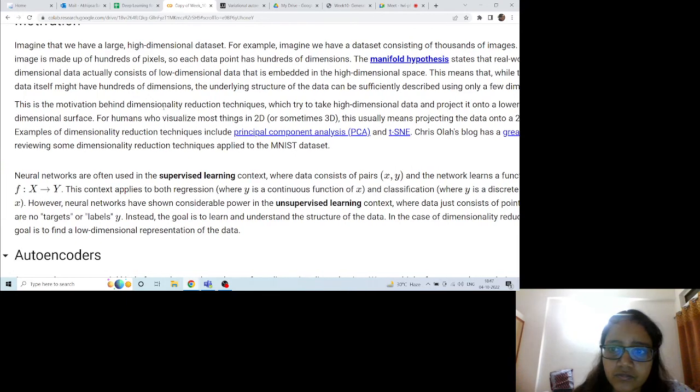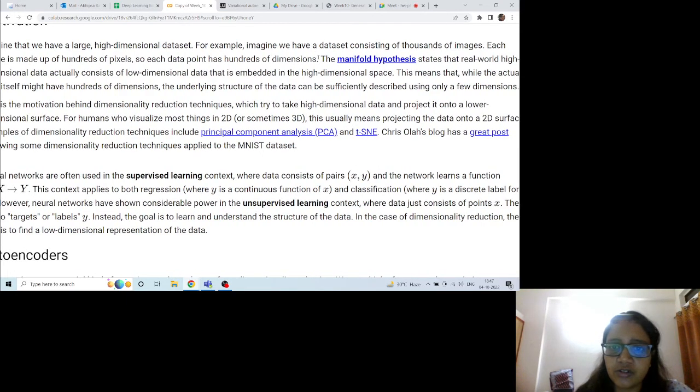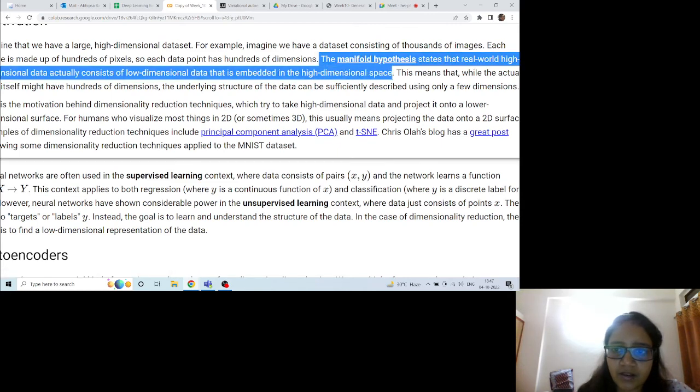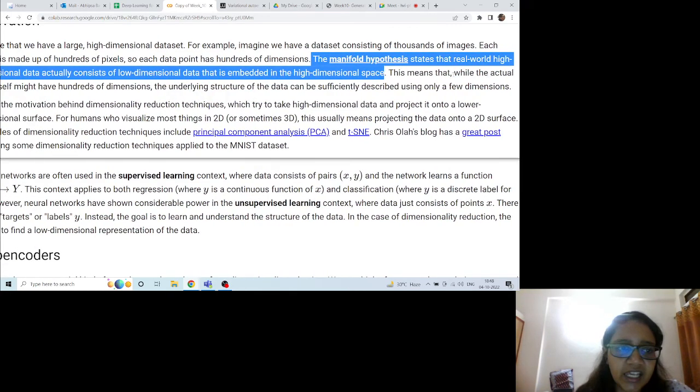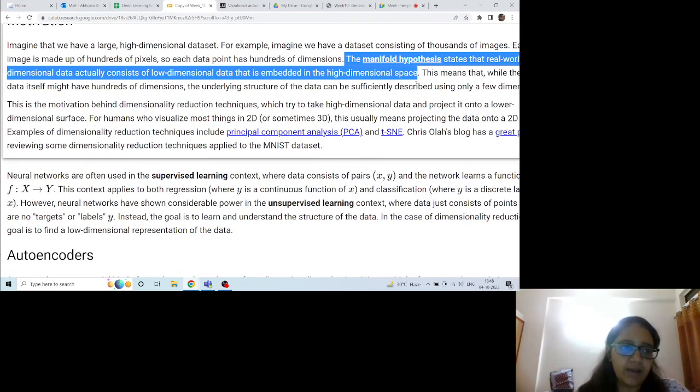If you look at this particular sentence, real world high dimensional data actually consists of low dimensional data that is embedded in the high dimensional space. So that is why they are saying that even though your data might have a huge number of dimensions, the information that is there in your data can be compactly represented in a much lower dimension.